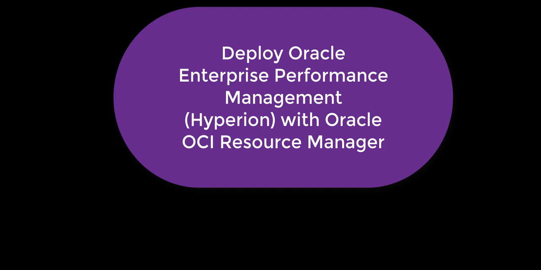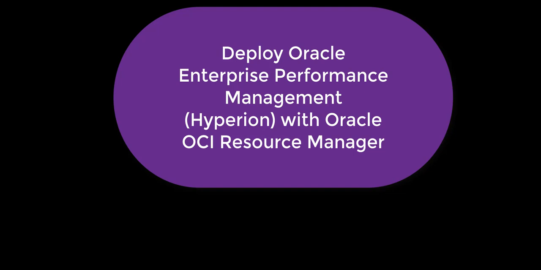Now definitely there are key concepts to Resource Manager, but I would suggest you go and search in the standard documentation, and you will find Resource Manager. In this one, we are following the standard setup of the infrastructure for deployment of Oracle Enterprise Performance Management.